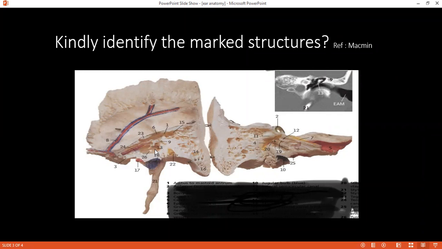Is this 13 the stapedius? Okay. What is 17? Can't identify, ma'am. Okay. What is this 21? The styloid process. Is it related to any structures? It is attached with the styloglossus and stylopharyngeus muscles.